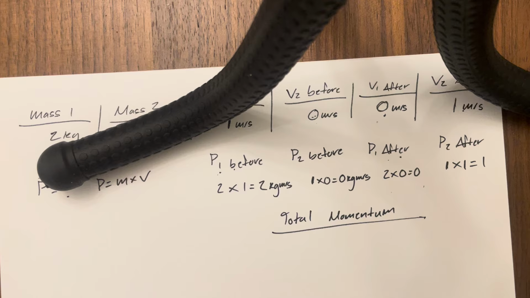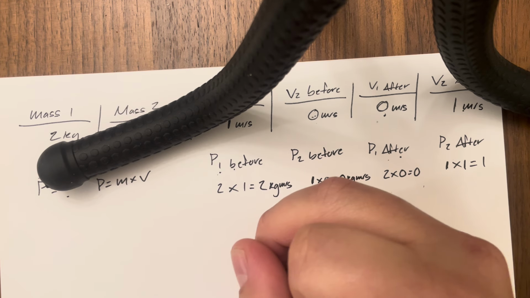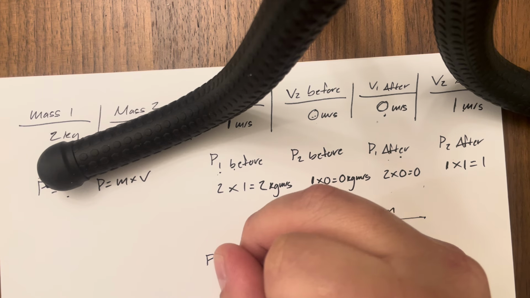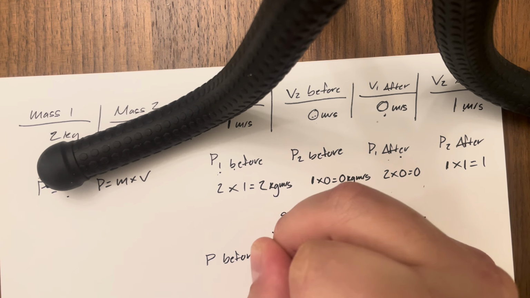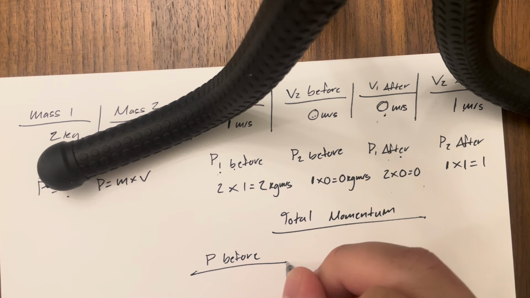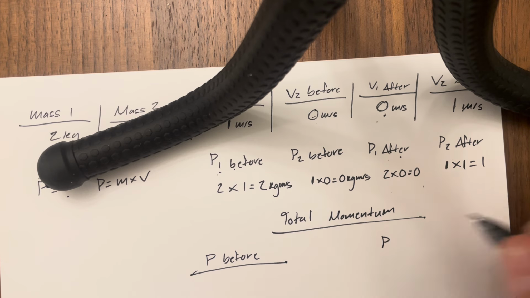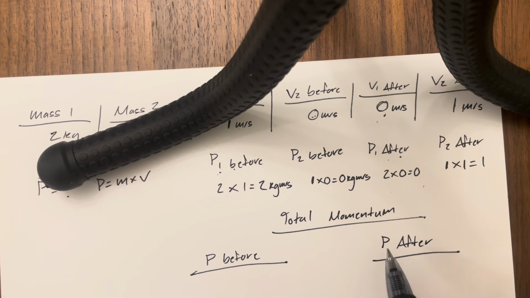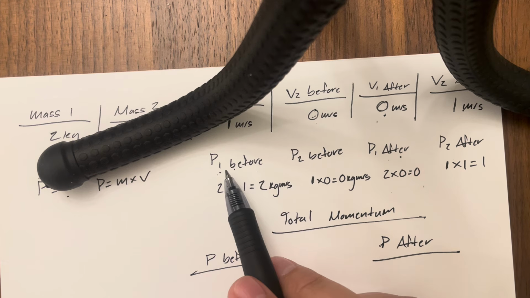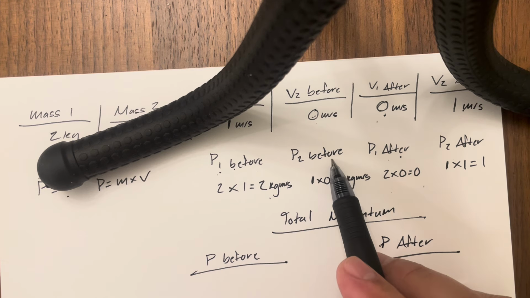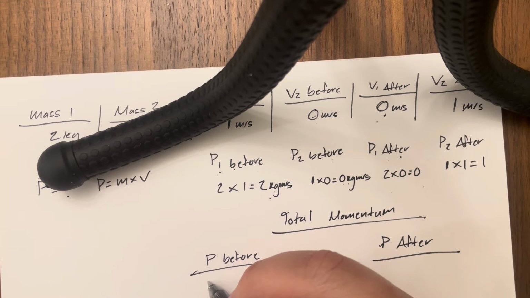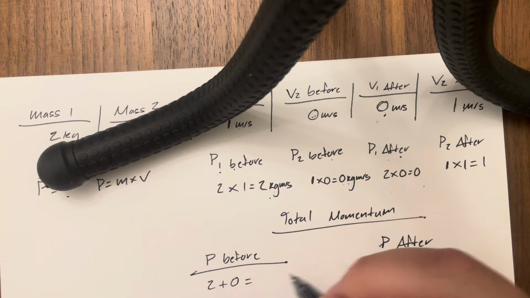So we're adding P before, remember P is your momentum, and P after. Let's look at our befores. Before is 2, before is 0, 2 plus 0 equals 2.